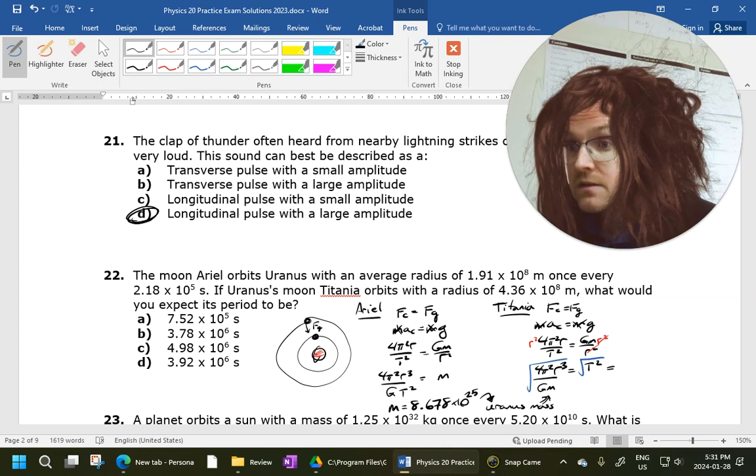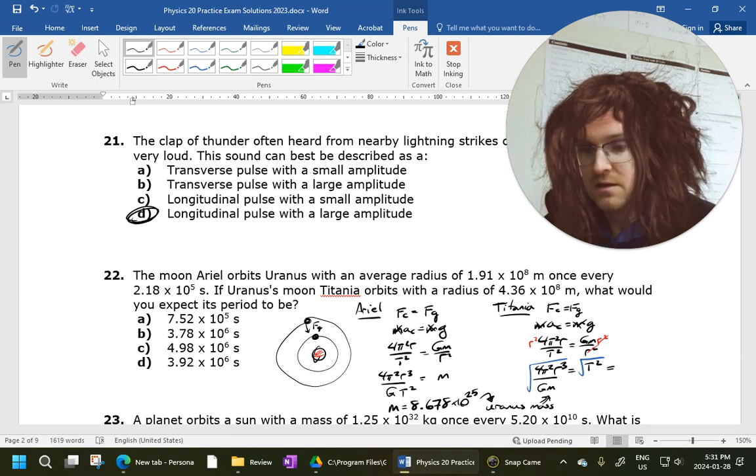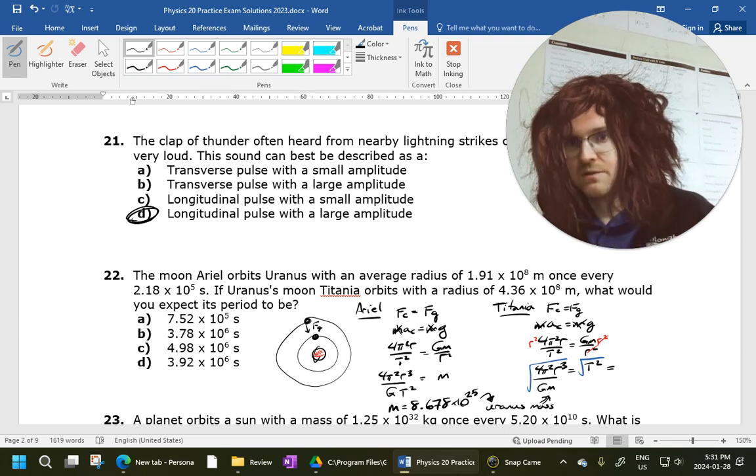And then I'm going to divide by G and my mass. I gotta make sure it's the square root. And then take the square root. So I hope I get one of the answers over there.